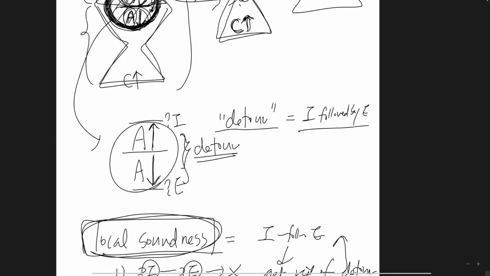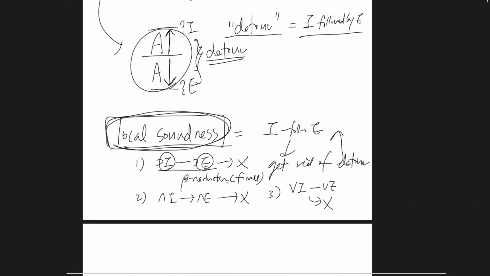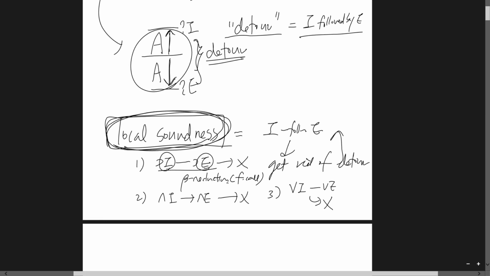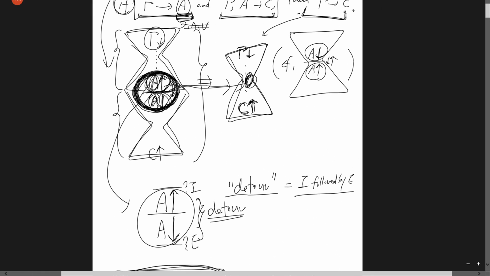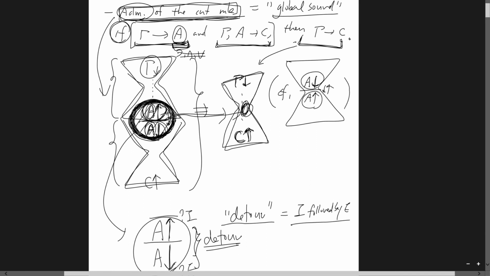In contrast, in the study of this local soundness, we had to consider specific combinations of introduction rule and elimination rule. In this regard, we can say that this admissibility of cut rule is almost equivalent to global soundness of the logical system.